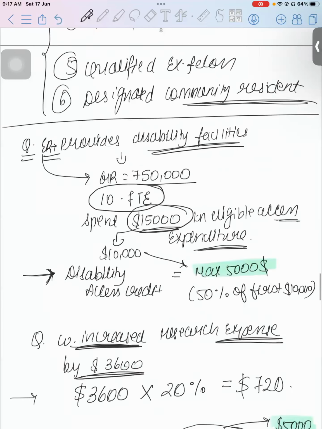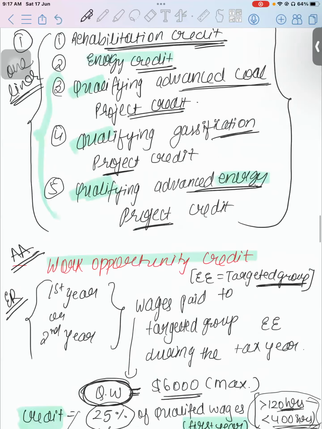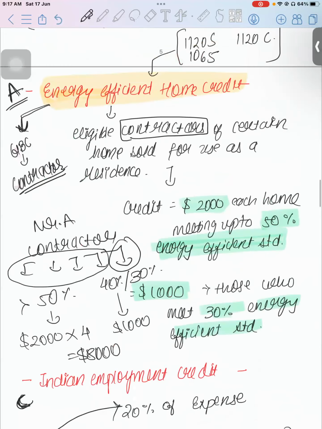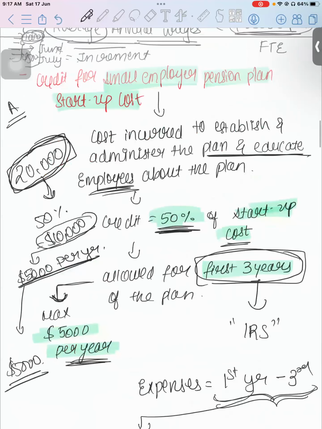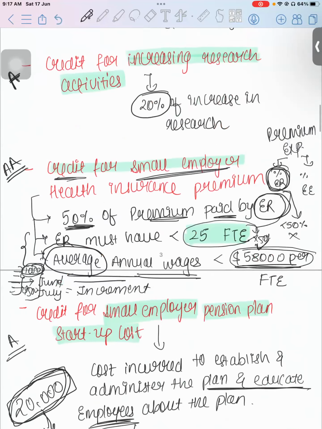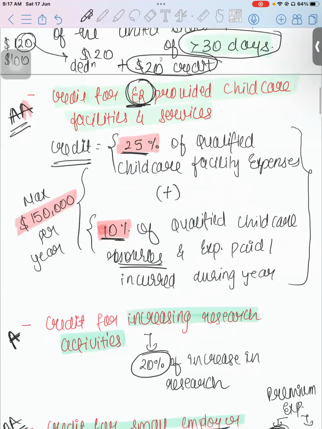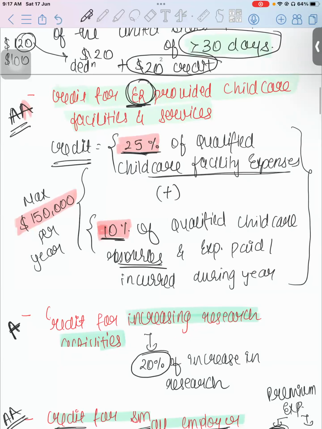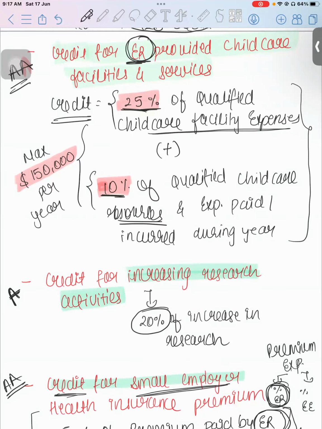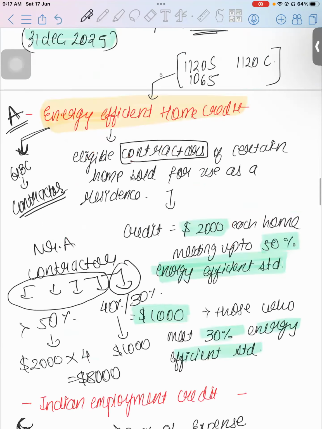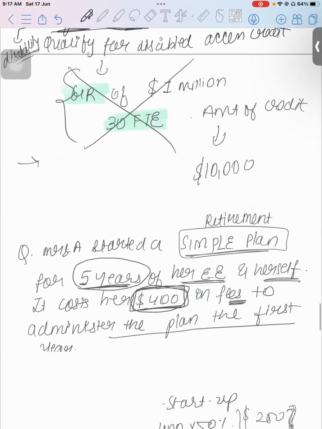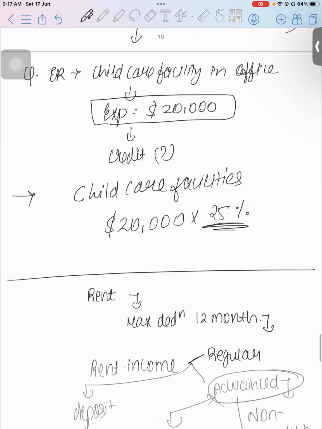Let me check whether there were any other conditions. 25% of the qualified childcare facility expense plus 10%. But right now they have not provided any other details. So we'll just directly take 25% of whatever amount they have provided. When nothing else is mentioned in the question, just take 25% of the expense mentioned.